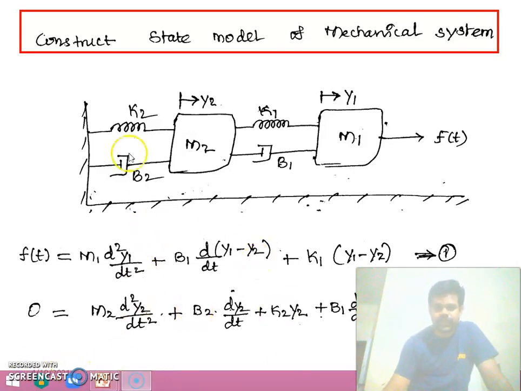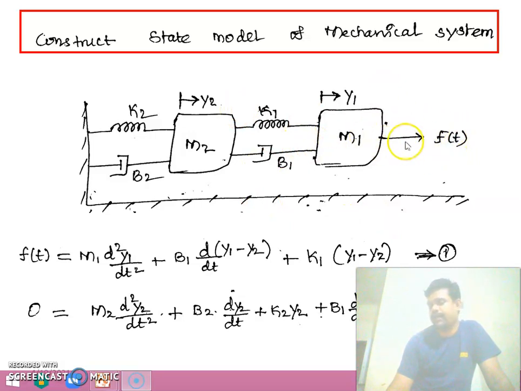First we are going to consider the mass M1. When considering the mass M1, the differential equation is M1 into d square y1 by dt square plus, since the dashpot is connected between M1 and M2, V1 into d by dt of y1 minus y2, plus the spring connected between M1 and M2, K1 into y1 minus y2, and this is equal to the applied force.